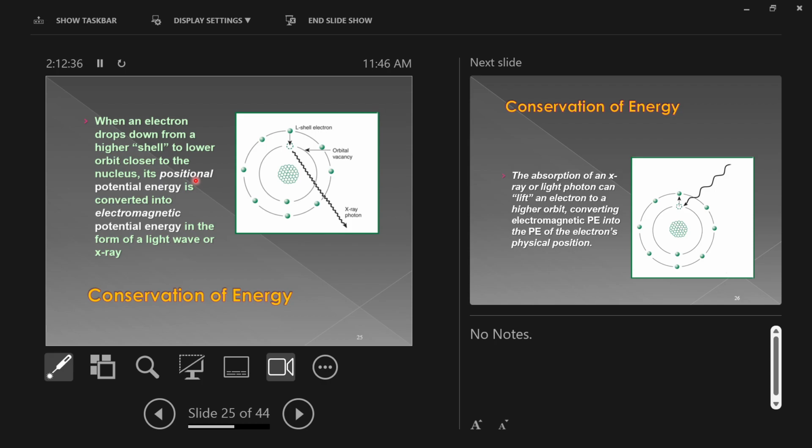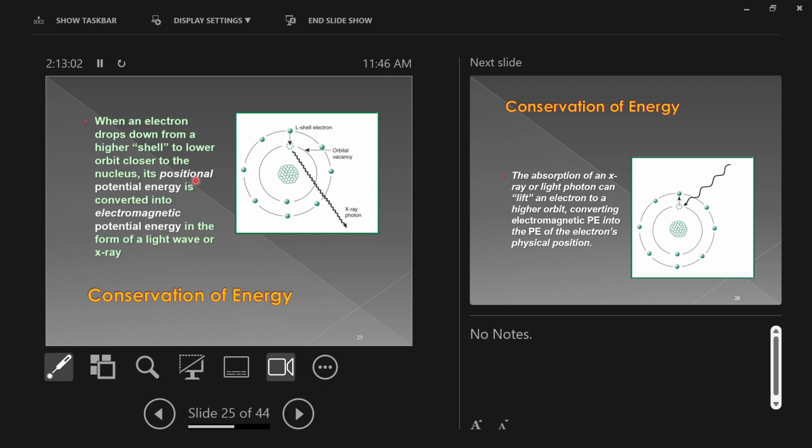It is converted into a different form of energy called electromagnetic energy, or a photon of light. This is where light comes from, period. Light comes from electrons moving from high potential energy positions to low potential energy positions.